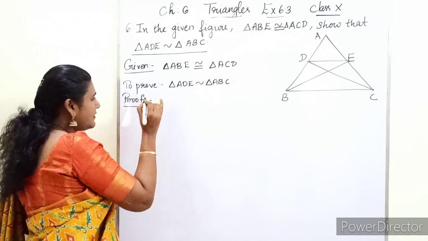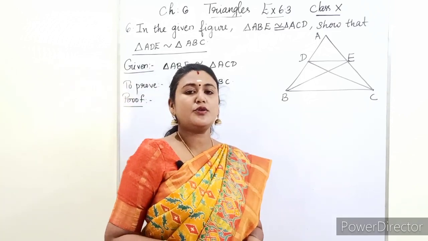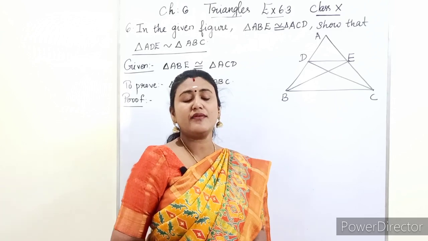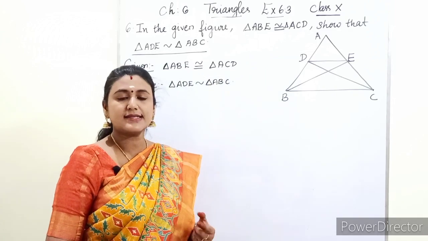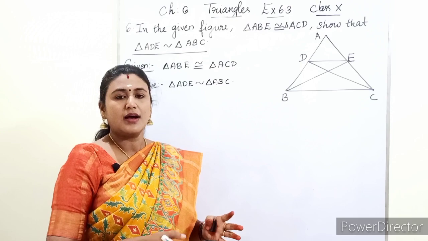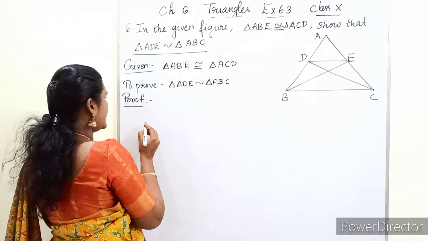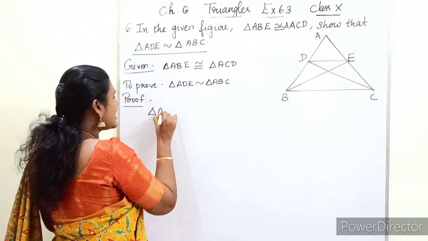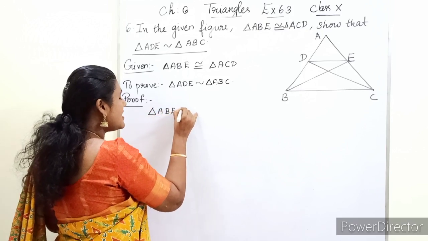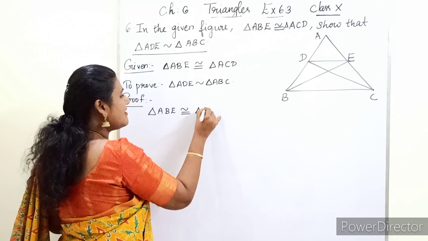You know we have already studied, if we want to prove two triangles are similar, we have to check whether the triangles satisfy any of the similarity criteria. So first we will start with the given condition. It is given that triangle ABE is congruent to triangle ACD.